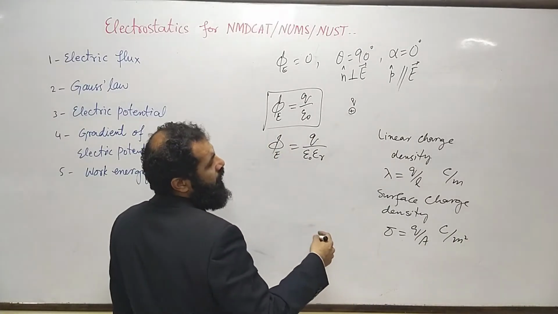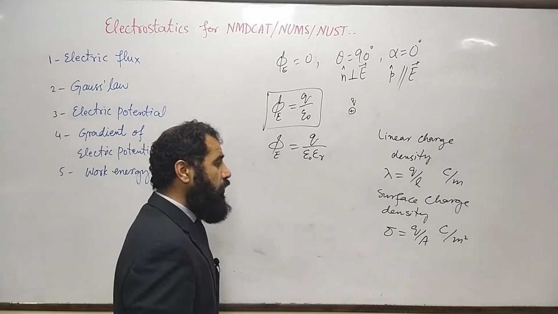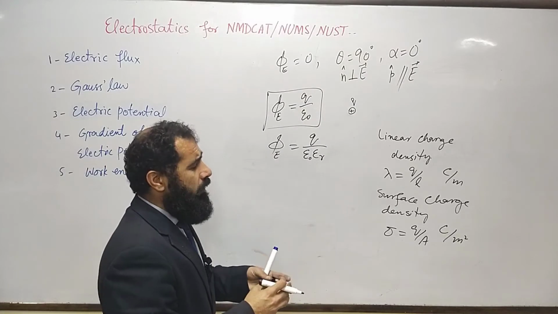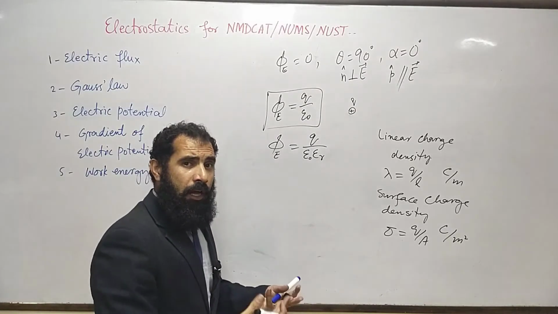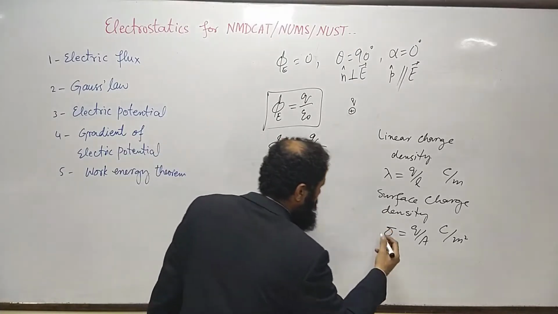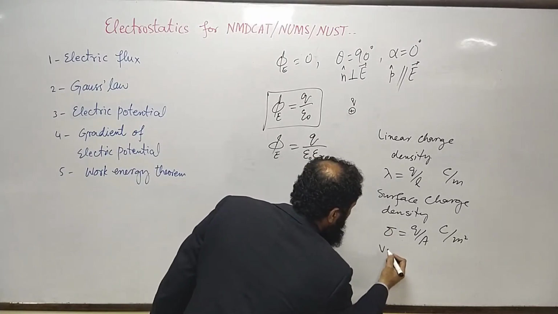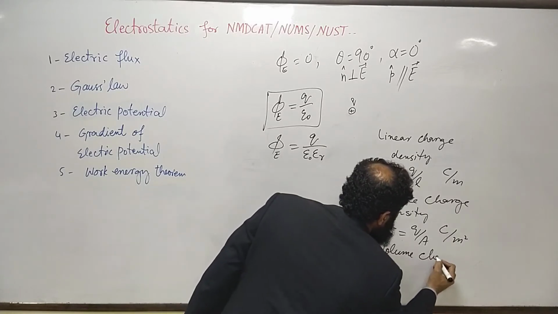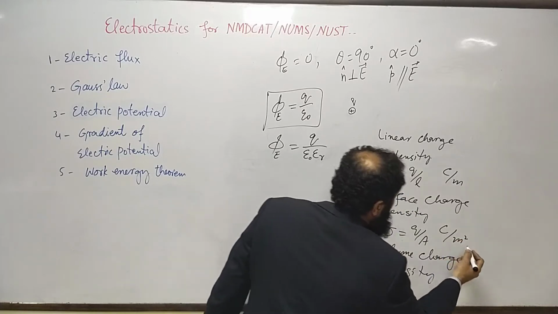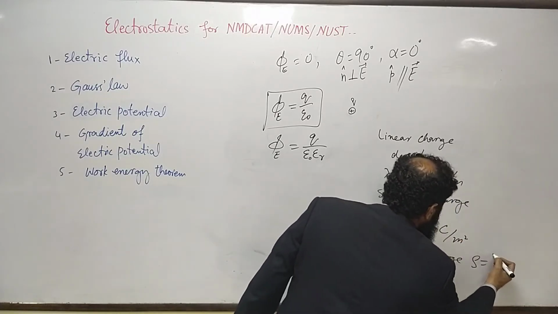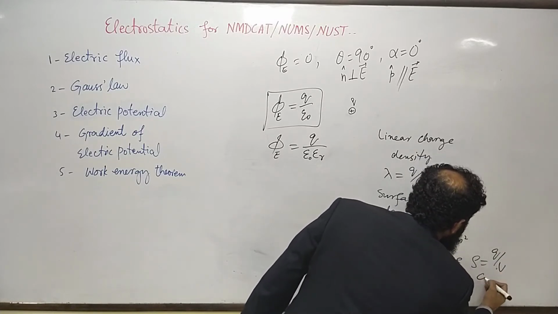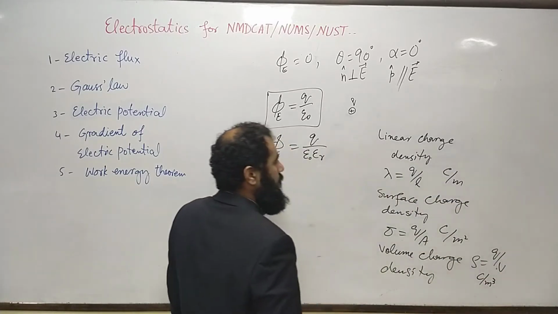And then there is volume charge density, in case of having charges in a sphere like a nucleus of an atom, so there we have three-dimensional distribution of charges. Volume charge density is represented by rho, that is q divided by v, coulombs per meter cube.